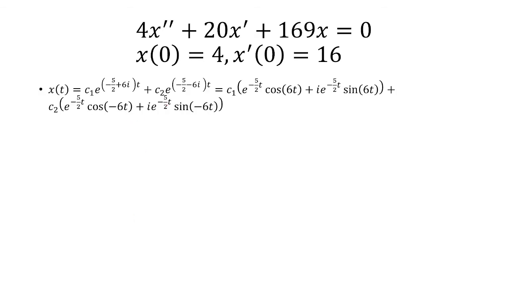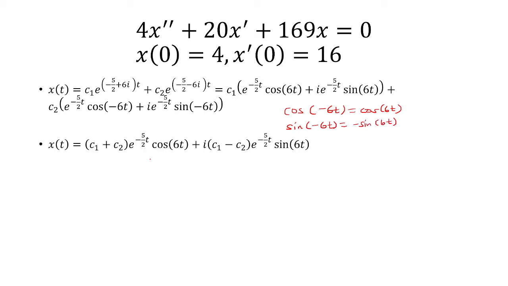Okay, now we add these two together, and notice that cosine of negative 6t is just cosine of 6t, and sine of negative 6t is negative sine of 6t. So we can combine these two together. We have e to the negative 5 over 2 t cosine 6t, and it's the same thing for the other, and we have a c1 plus c2 in front of it.